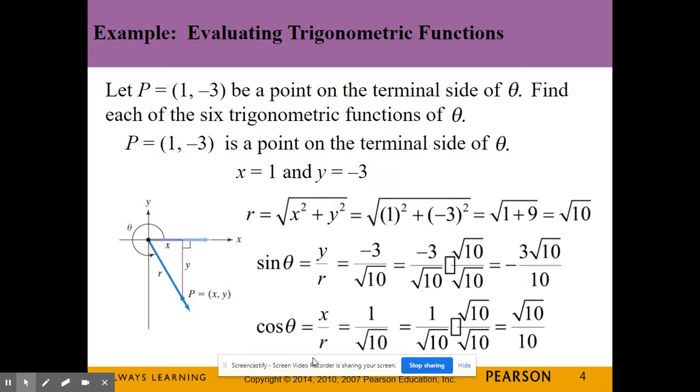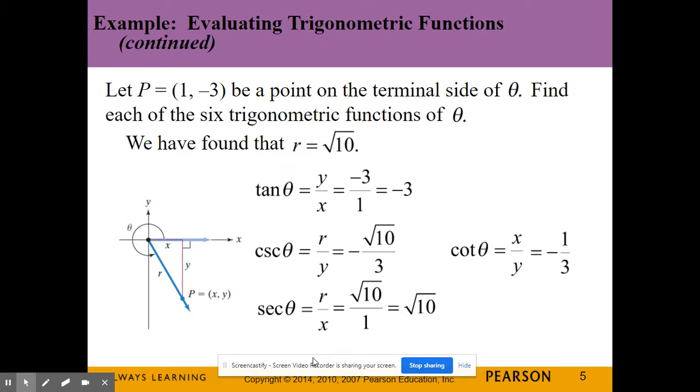So sine is going to be y over r. Well, y is -3, r is root 10. Rationalizing it, you end up with -3 root 10 over 10. Cosine is x over r, so it's 1 over root 10. Rationalizing it makes it root 10 over 10. Tangent's y over x, so -3 over 1, which is -3. Cosecant is r over y, so negative root 10 over 3.